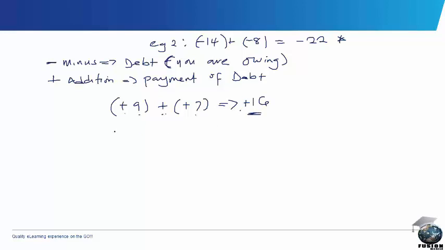For the second example, we could say that you are owing 14 naira and you want to pay, but you don't have money, and you borrow another 8 naira. You are owing 14 naira and another 8 naira. How much will you owe? You owe 22 naira, and since you're still owing, the negative sign applies.